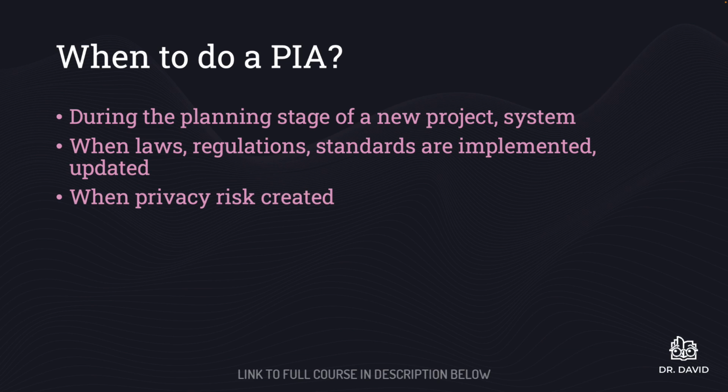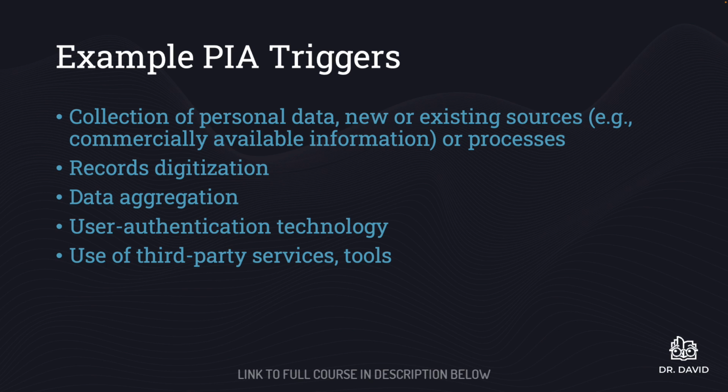At the outset here, I want to be clear on what a trigger is. A trigger is an event that requires that a PIA be conducted. And example triggers include collection of personal data from new or existing sources or processes, if records are being digitized, when data is being aggregated, if there is use of user authentication technology, and when there's use of third-party services or tools.